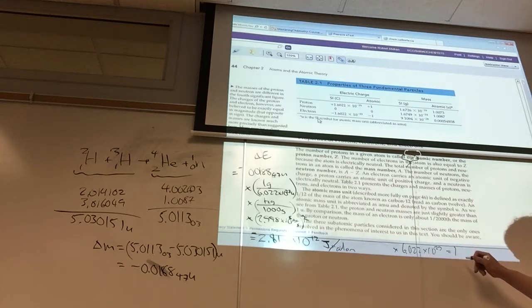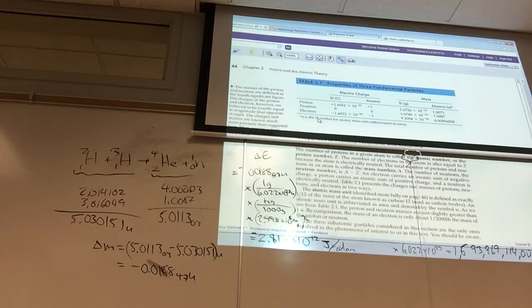I get 1 trillion, 693 billion, 969 million, 114,000 joules. Can you heat up a cup of coffee with that? Yeah, that's just from 5 grams of reactants.